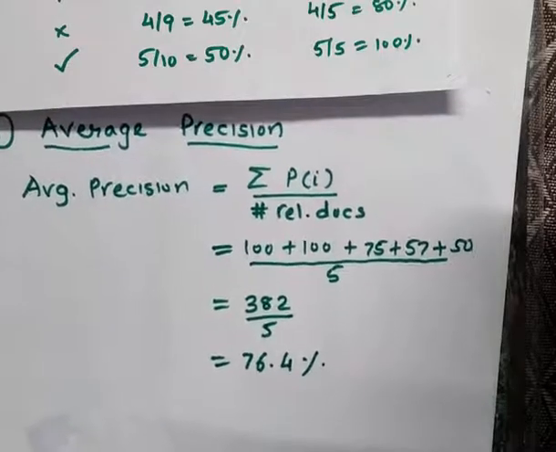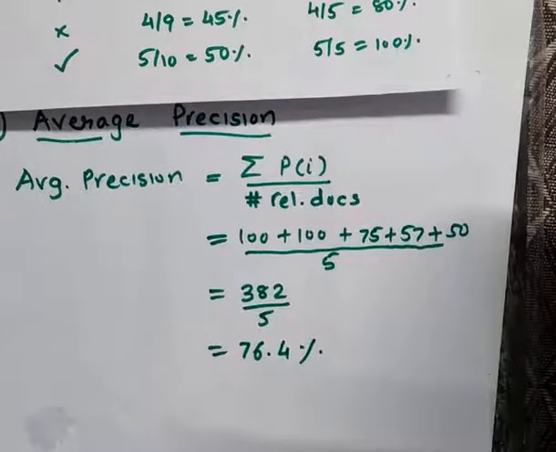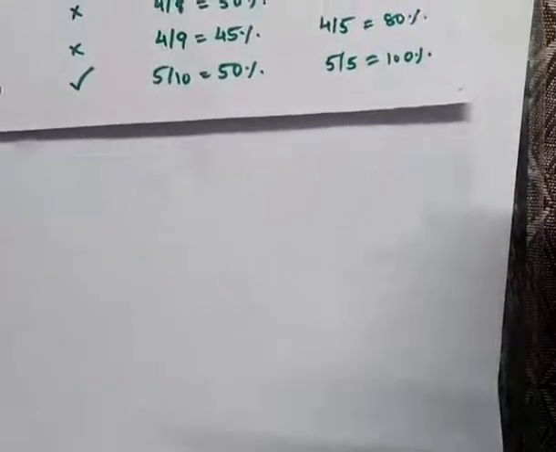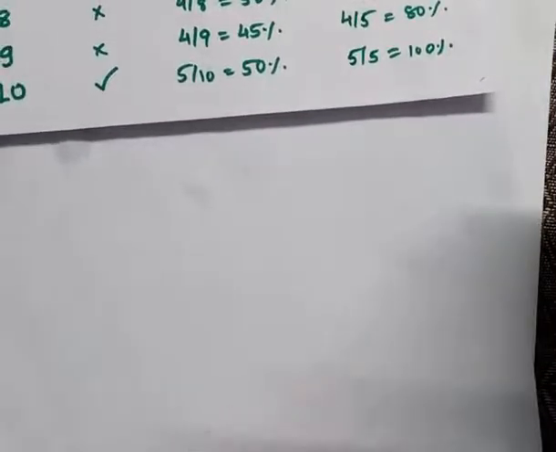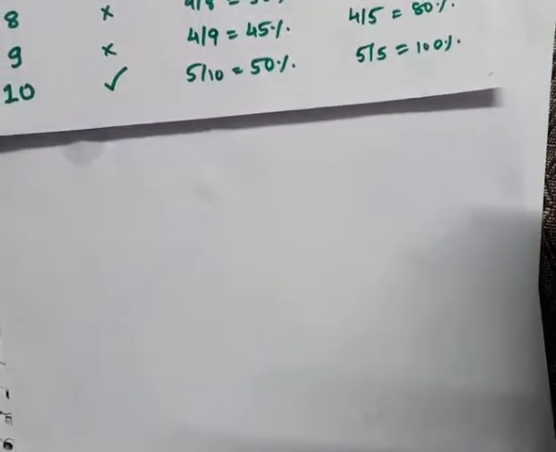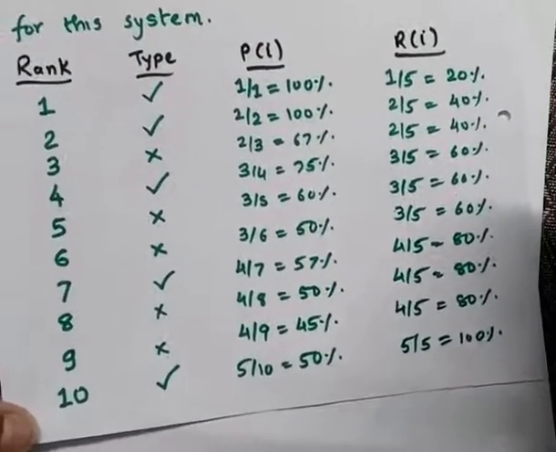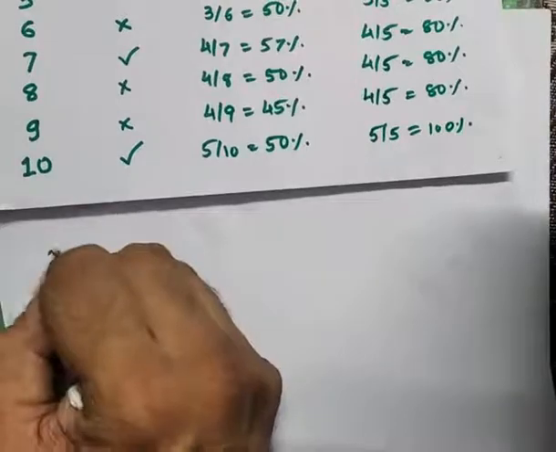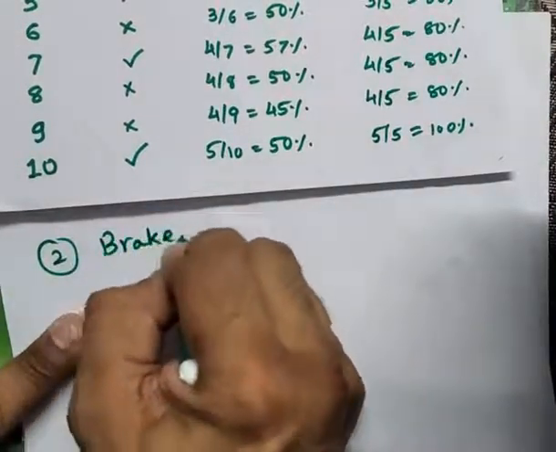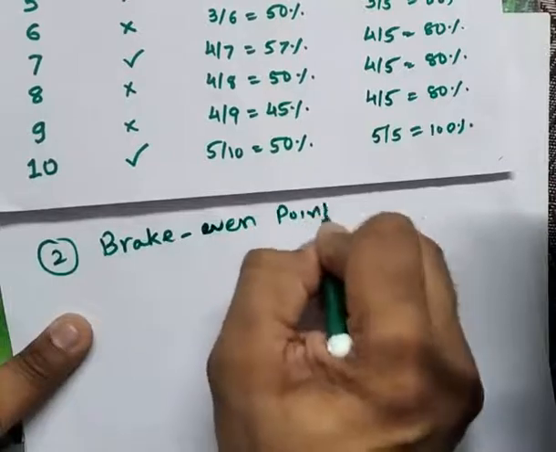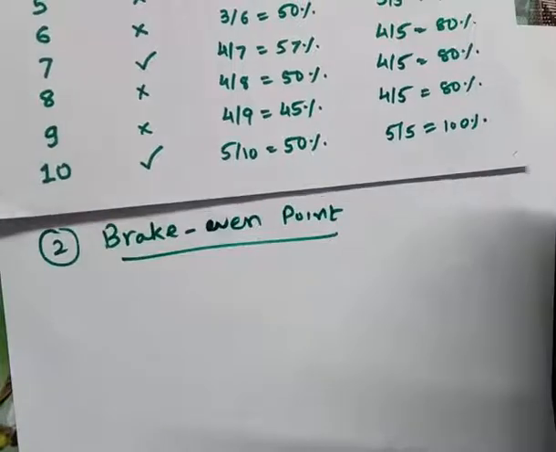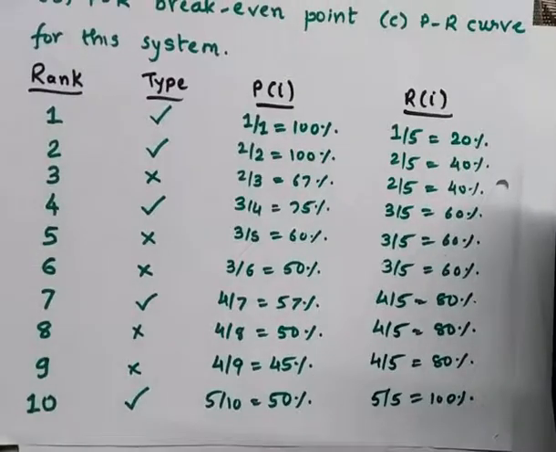Okay, now let us determine another measure, which is the precision recall break even point. Once again, remember that to calculate any such measure we will require this table. Okay, because it is the fundamental table, fundamental details, which is useful to calculate all the measures. So we want the break even point. As you might know, the break even point is the point at which precision and recall values are equal.